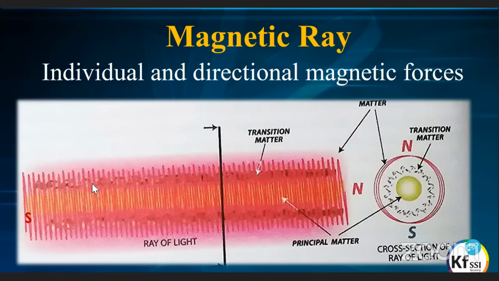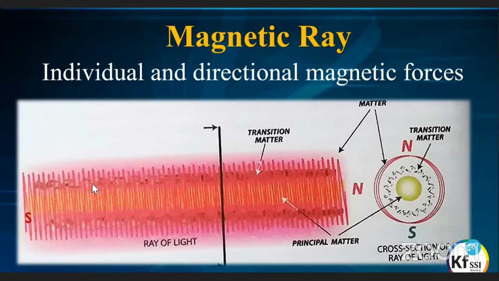What they can be are essentially the individual and directional magnetic forces. So if we have a look at what this ray is, in the center, we call it the principal matter, or the very principal field. And around that is the transition, and then you get the matter on the outside. So it's composed of three different sort of field strengths, and it's in an elongated form.